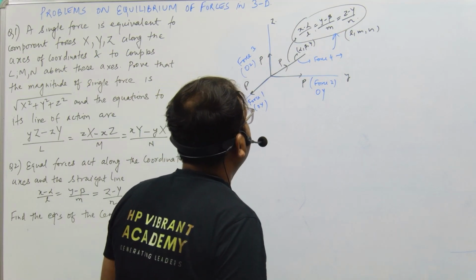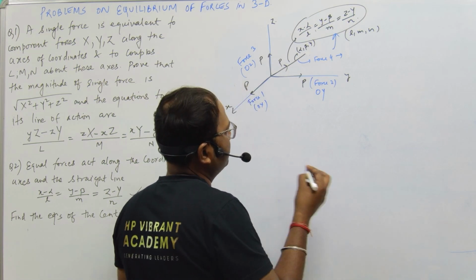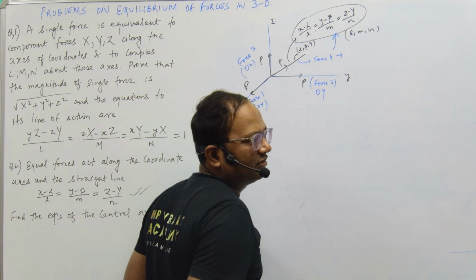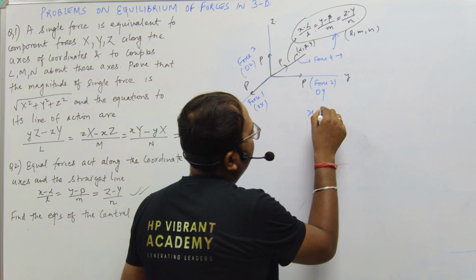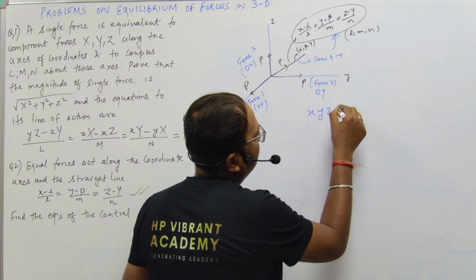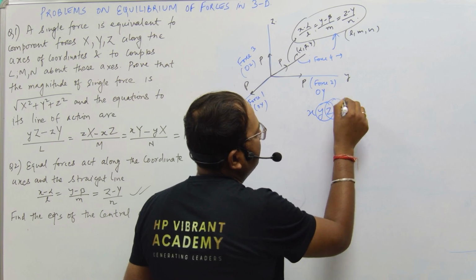Now let us write down the equation of the central axis. How do we remember this? We have x, y and z. Again write x, y and z. So let us take yz, zx and xy.